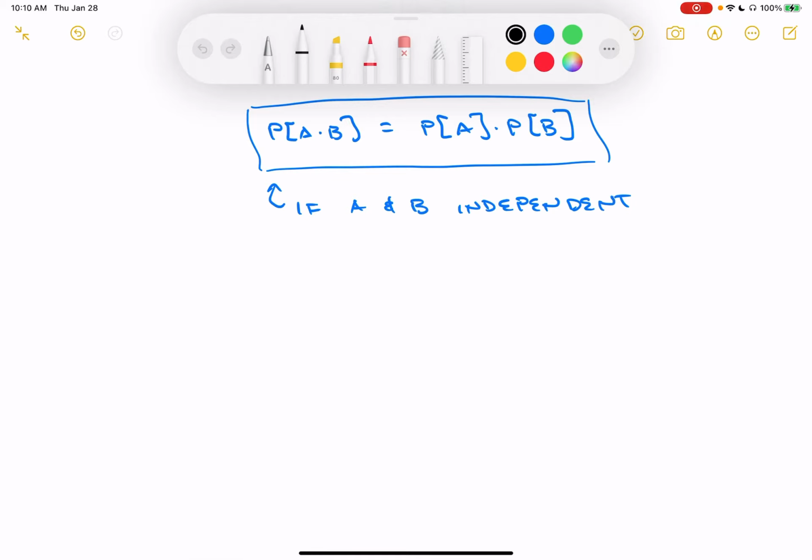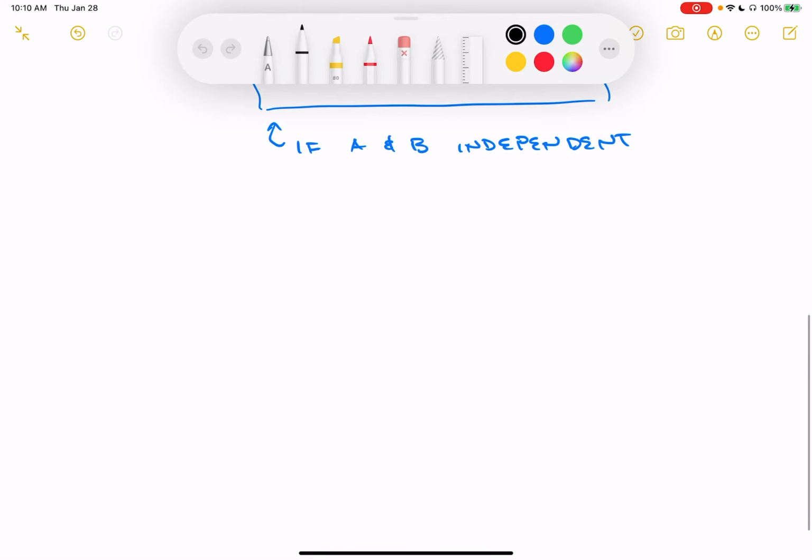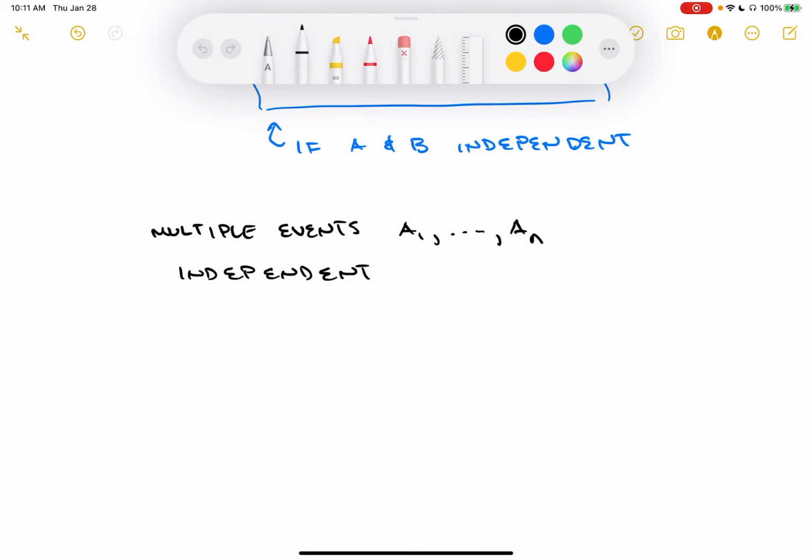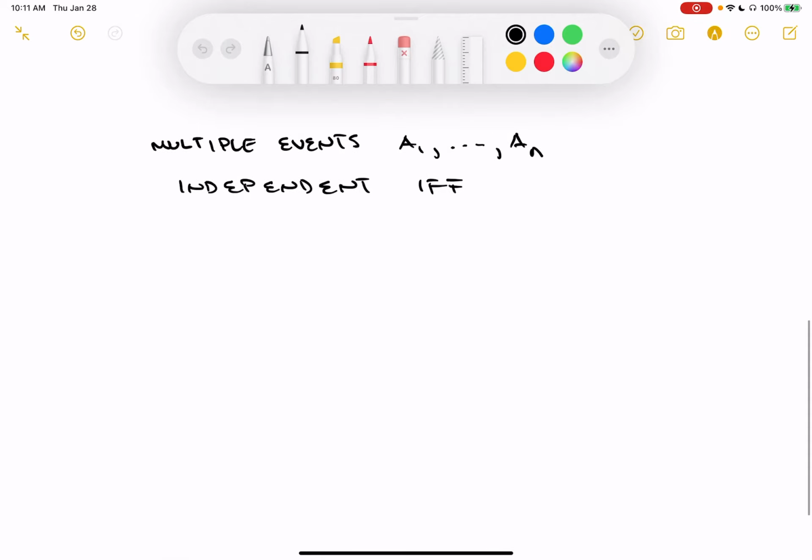So let's go ahead and extend this idea of independence. It does get a little more thorny as we have a larger number of objects, but let's look at the following. So let's look at multiple events, A1 all the way out to some AN. These events are independent if and only if a couple of conditions hold.